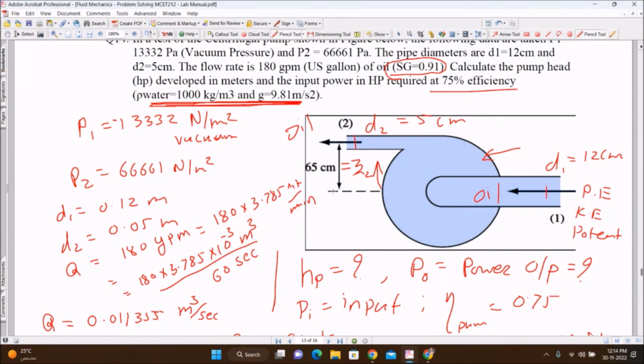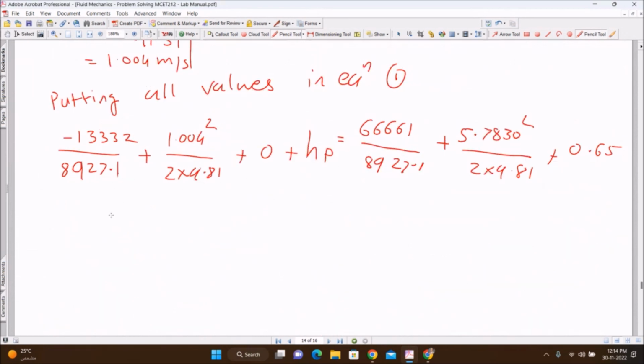If you consider this as the center line or datum, then Z1 is equal to 0 and Z2 is equal to 65.